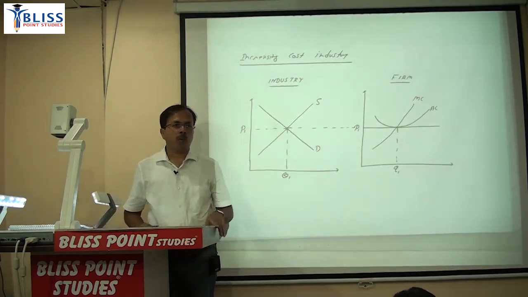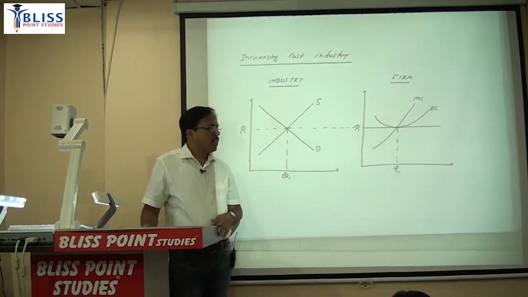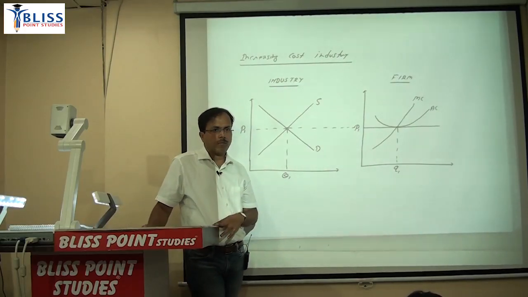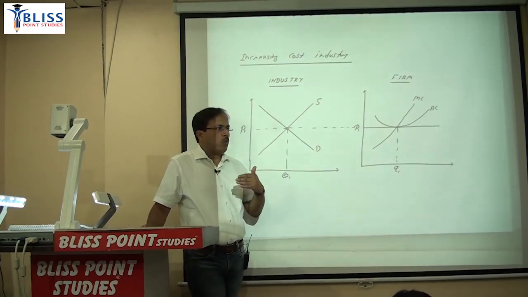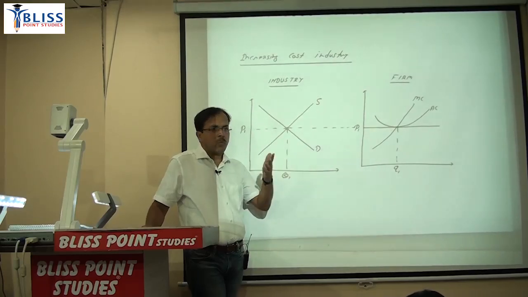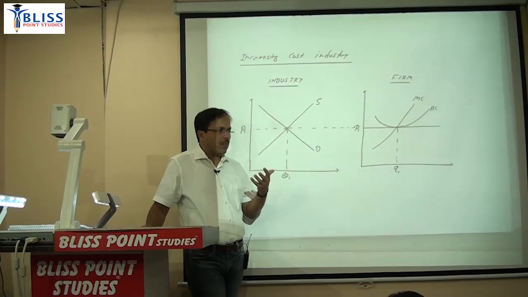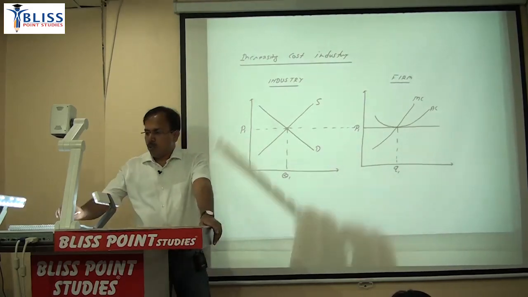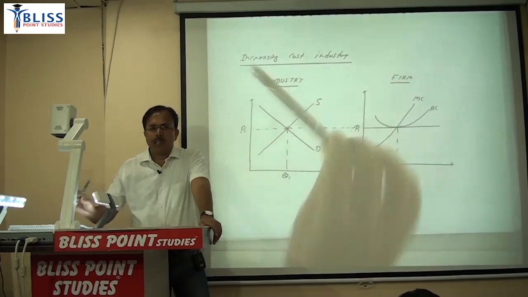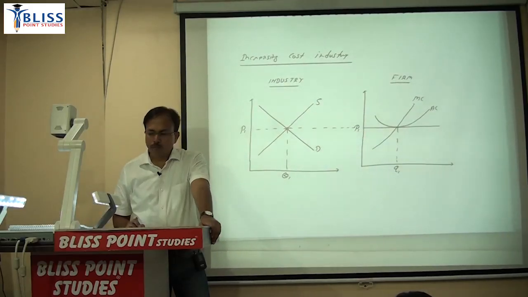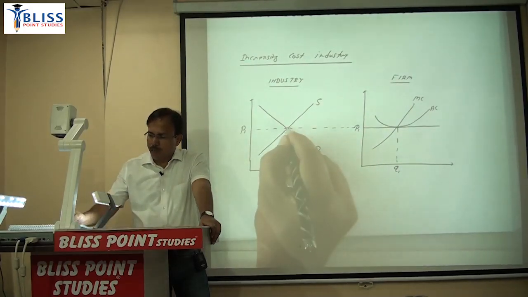Firms are having only normal profit. This diagram will be common in all three. Every time, you have to shift that demand curve first as per your description. Industry expands means why will industry expand? Because of greater demand for that good in the market. So shift this demand curve to the right. This is your starting point.